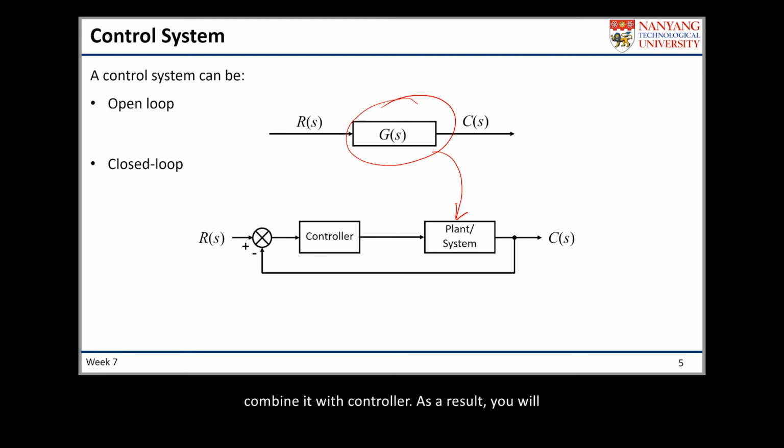As a result, you will have an air conditioning system, a heat pump that can regulate how much heat will be taken from your room. So you might have an open loop system, a system that is not controlled at all, and a closed loop system, an open loop system together with a controller to form a system that can be controlled.